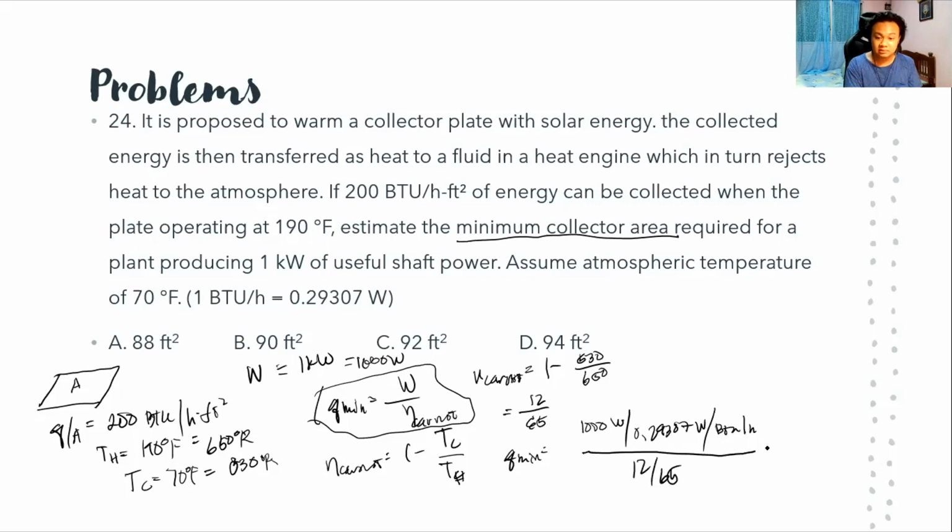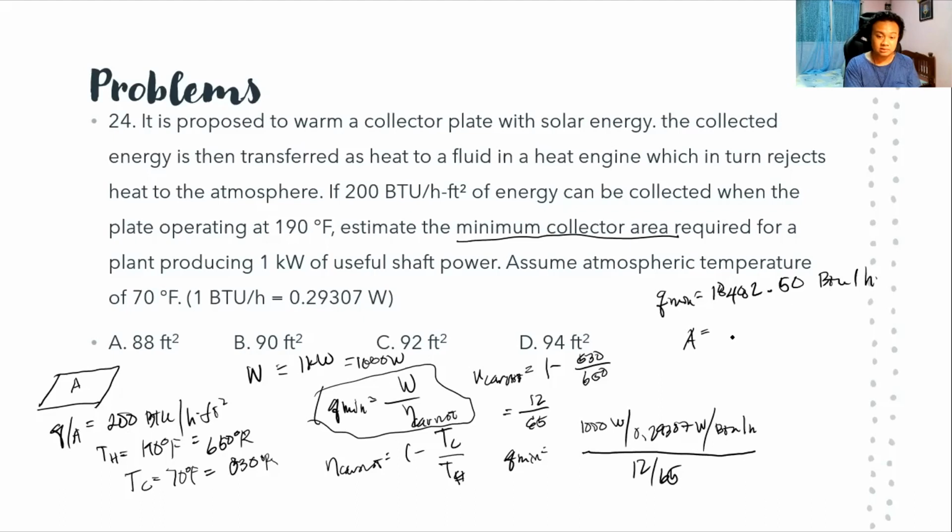And then you can get the Q min. Let's write that here. Q min is equal to 18,482.5 BTU per hour.